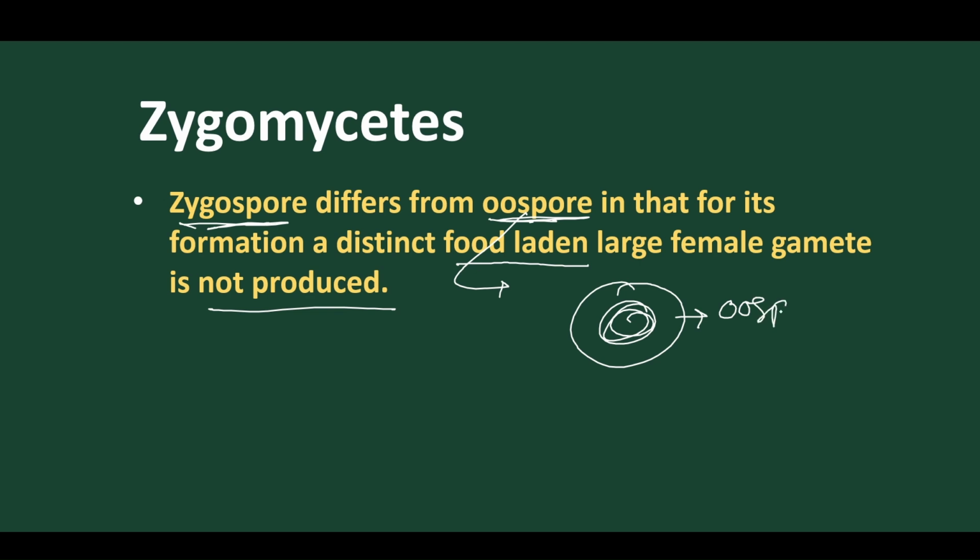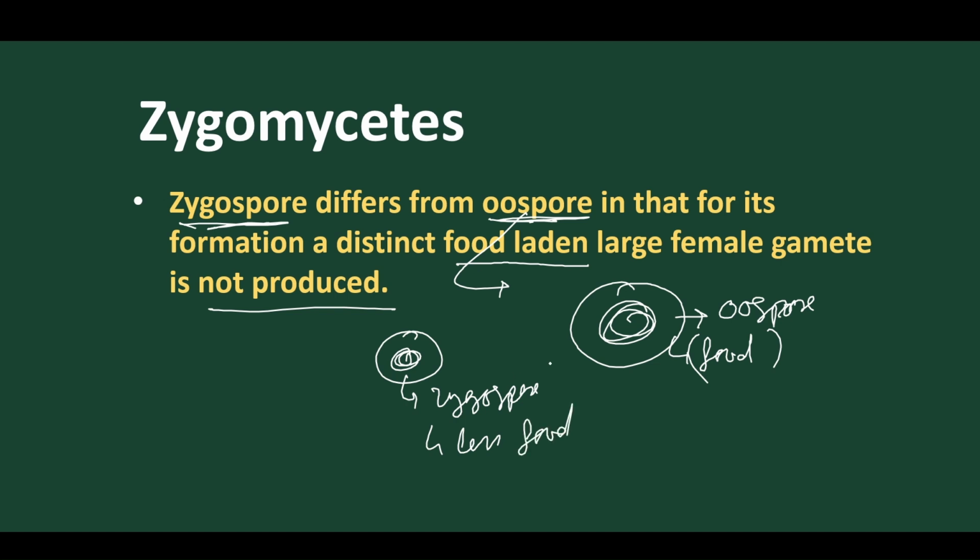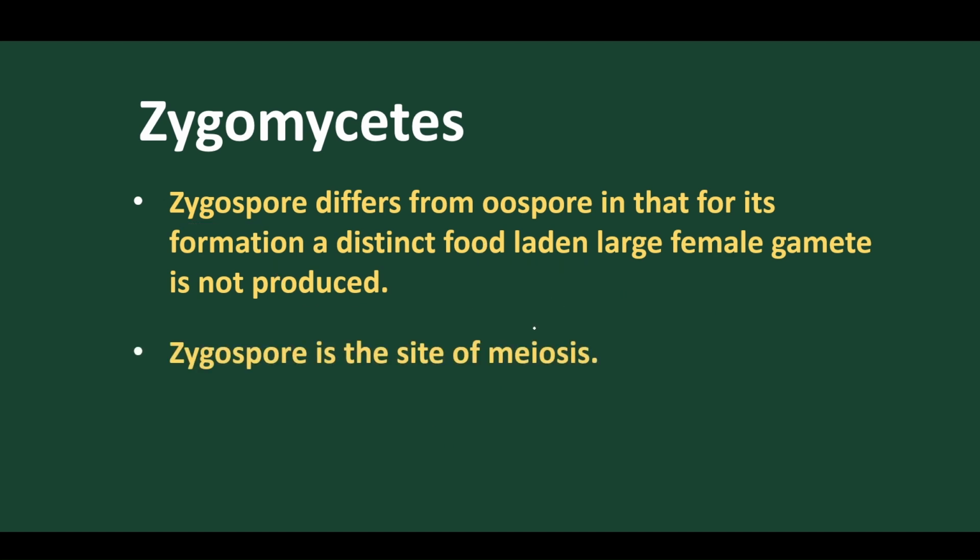Inside the oospore, the food is present, heavy nourishment is present. But inside zygospore, less food is present. The difference is that. So in zygospore, we find less food present, whereas in oospore, we find the maximum amount of food. So this is the basic difference.